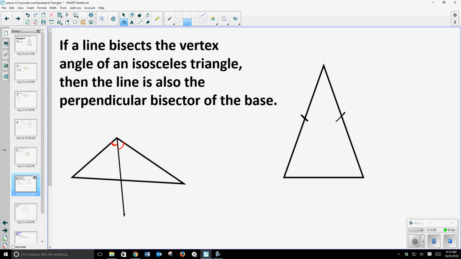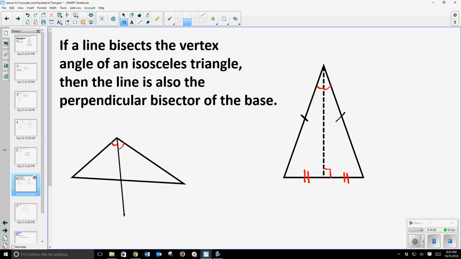But if you have an isosceles triangle, and you bisect the vertex angle, it does more than just bisect that angle. It hits the other side at a 90-degree angle, and it bisects that side. So an angle bisector of an isosceles triangle, if it's bisecting the vertex angle, cuts the angle in half, hits the other side at a 90-degree angle, and cuts that side in half.